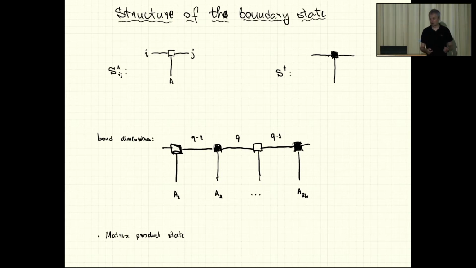So this state will be of the matrix product type. The fields that we use to construct it have three indices: two of them are color indices and one is flavor.